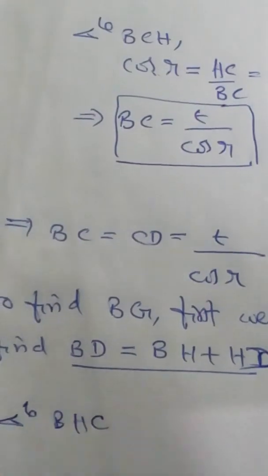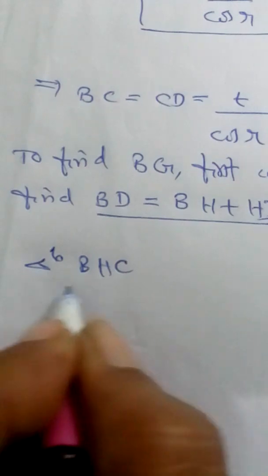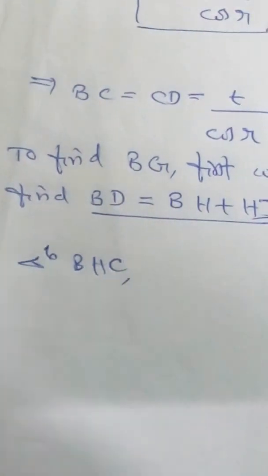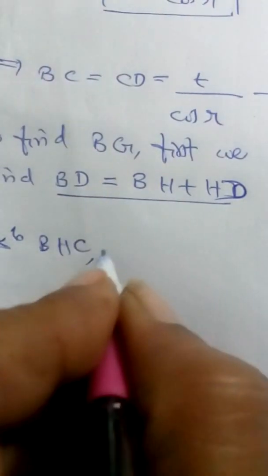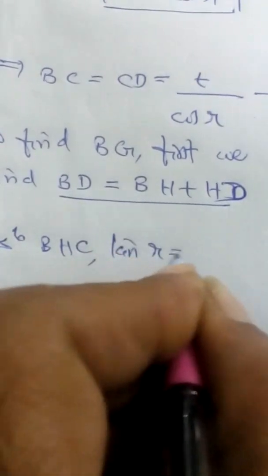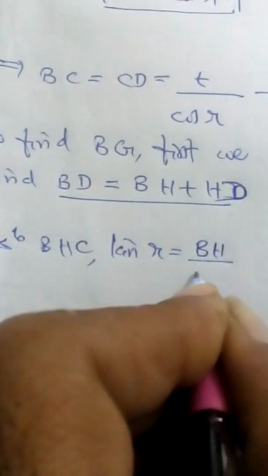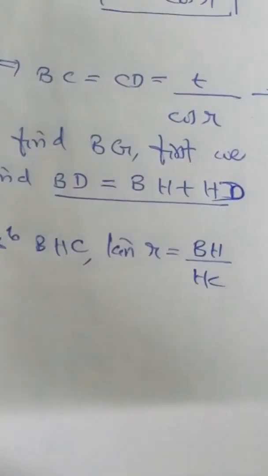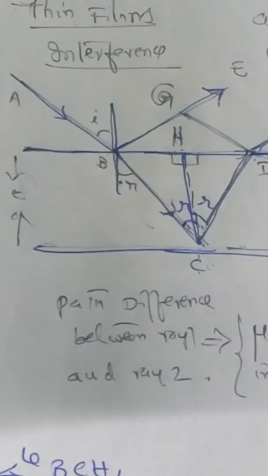So I will write, in triangle BHC, tan R is equal to BH by HC. Look at the diagram.